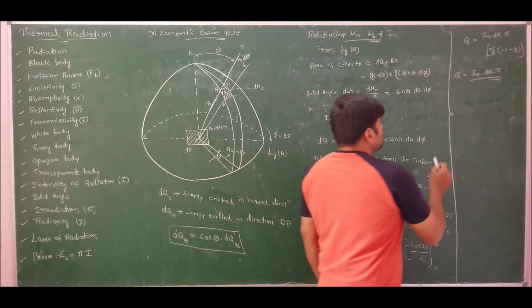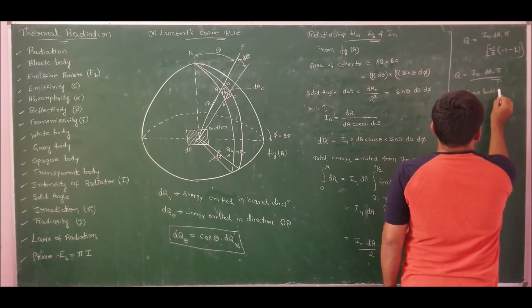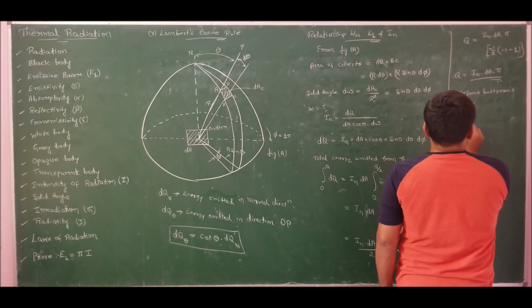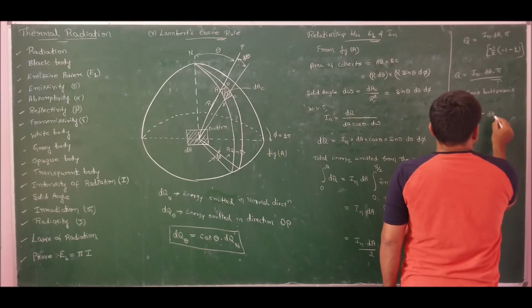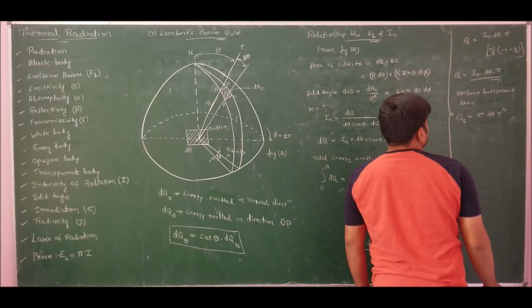Now, from Stefan-Boltzmann's law of radiation, you know that Q for a black body is equal to sigma dA T to the power of 4.